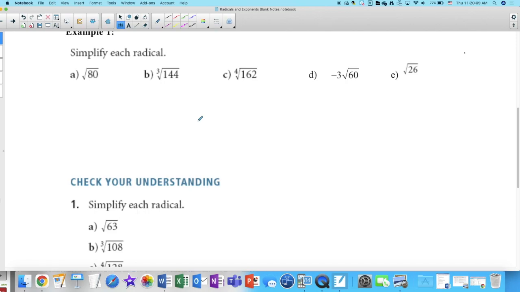If I'm doing the cube root of 144, what do you think I'm going to be looking for here? Perfect cube factor of 144, correct. So you got to look at your list. It goes 1, 8, 27, 64, etc. Can 144 be divided by any of those? Any of the perfect cubes?